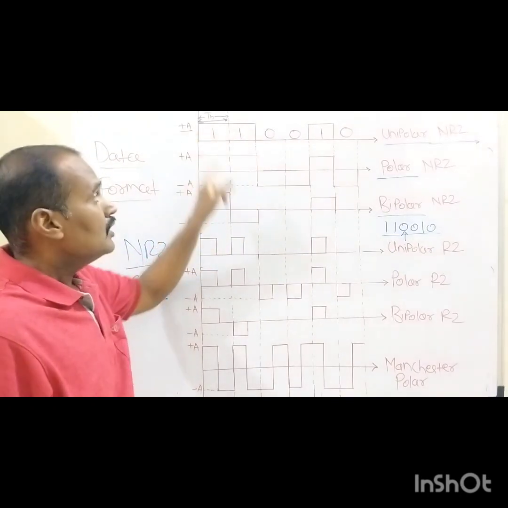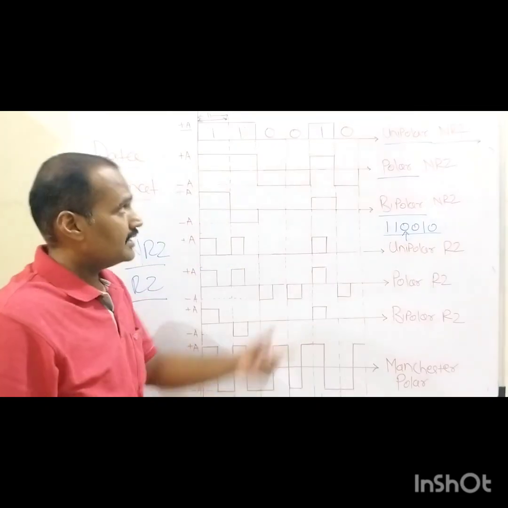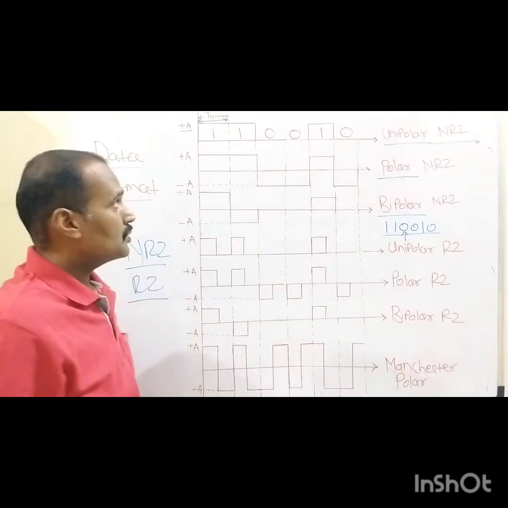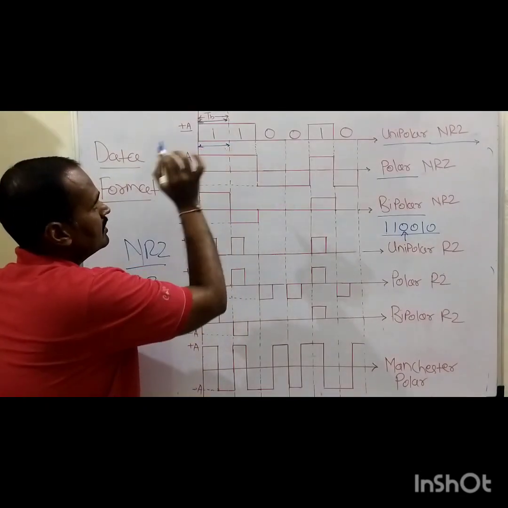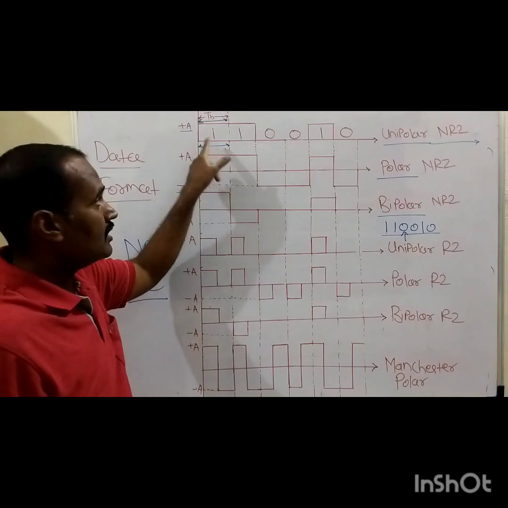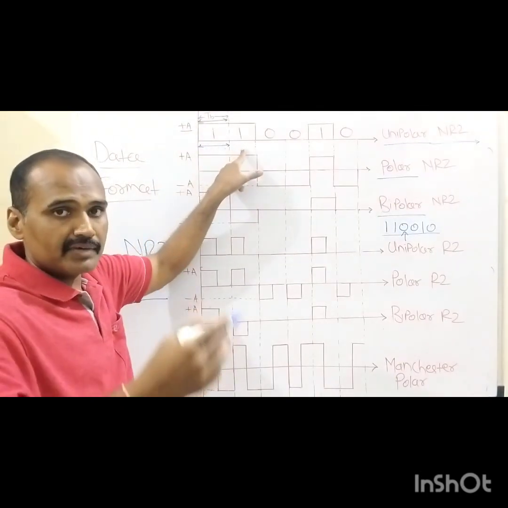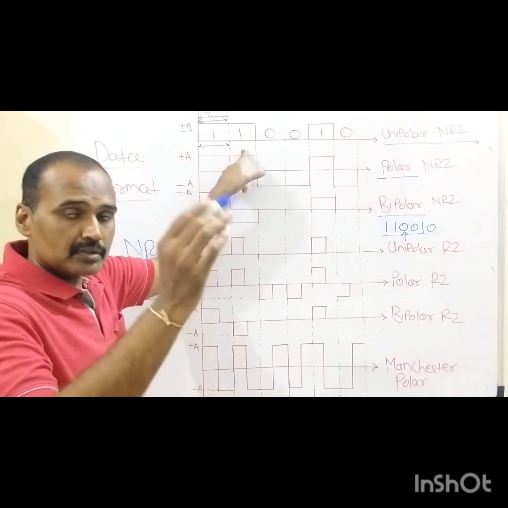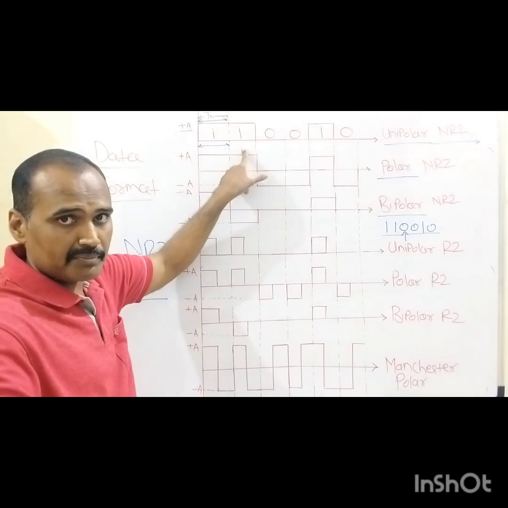Binary 1 is denoted with plus A volt. We have two 1s initially, then two 0s, then 1 and 0. This is the bit duration for binary 1, and during this bit duration plus A volt is assigned. The second bit is again binary 1, so the same voltage level is assigned.